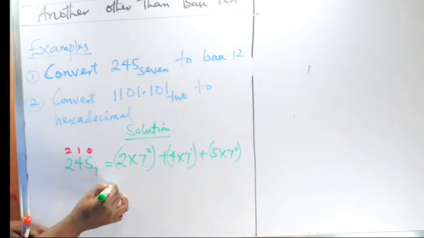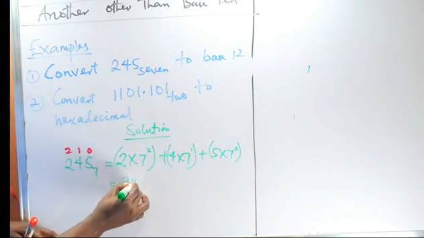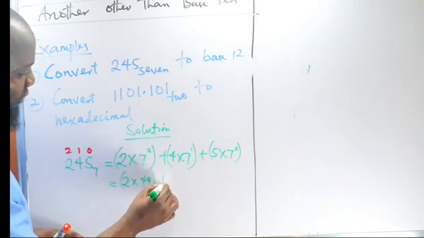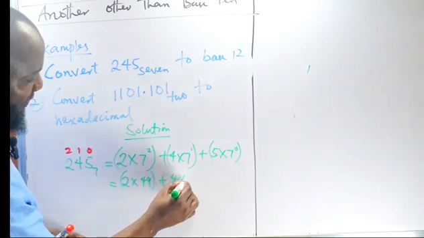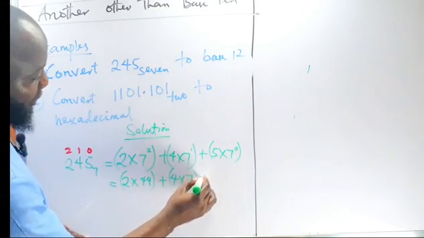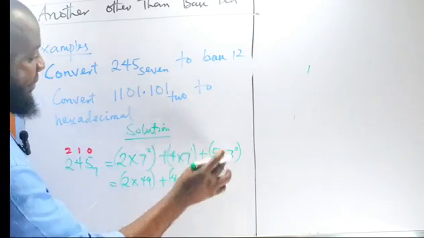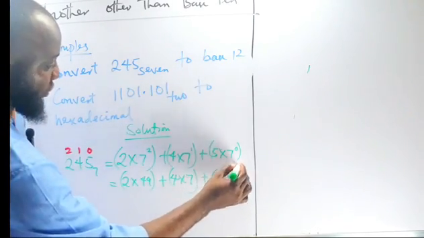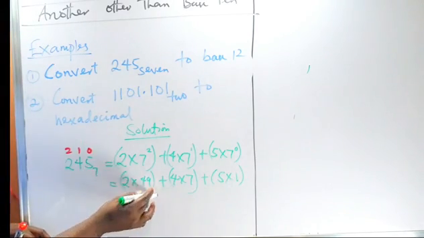Here 7 squared is 49, 7 raised to power 1 is 7, and anything raised to power 0 is 1.